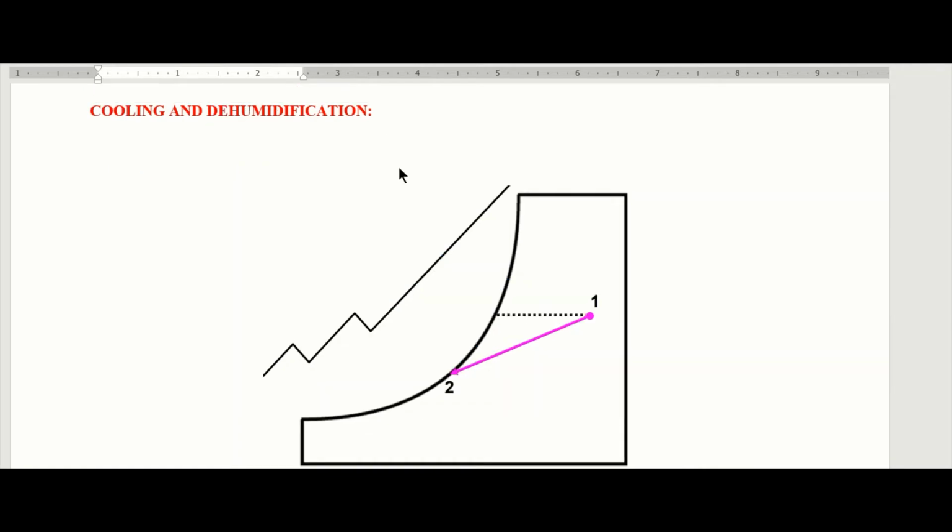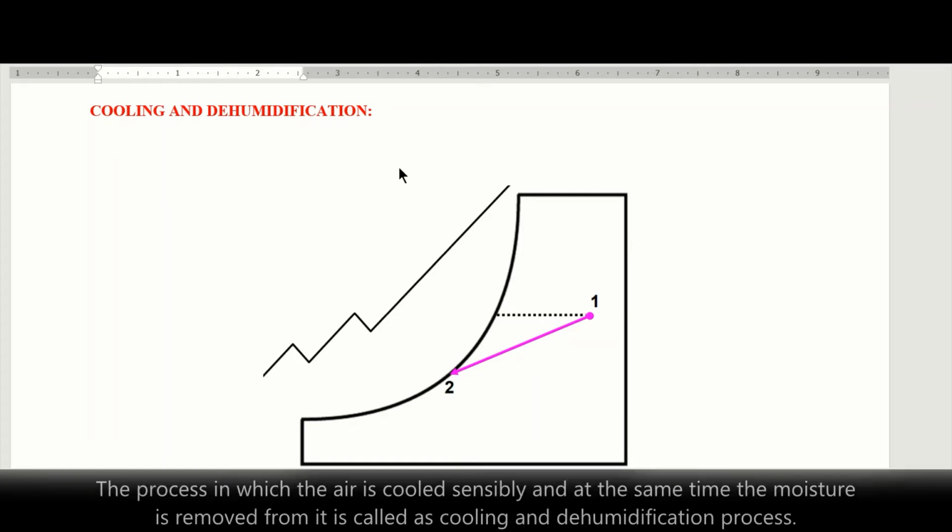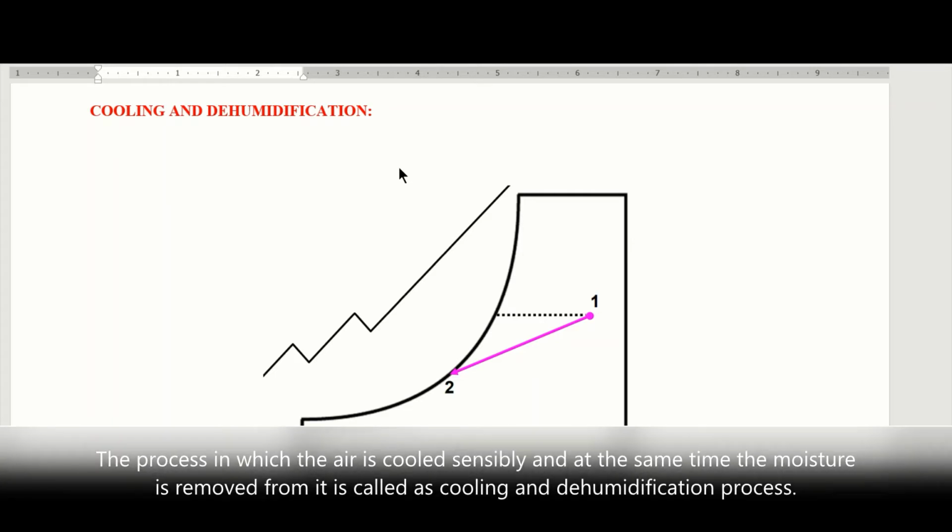So the next type of psychrometric process is cooling and dehumidification. Now this is the opposite of heating and humidification. The process in which the air is cooled sensibly and at the same time the moisture is removed from it is called the cooling and dehumidification process.